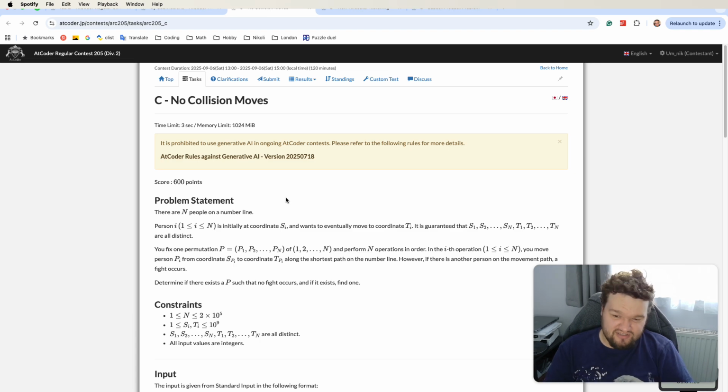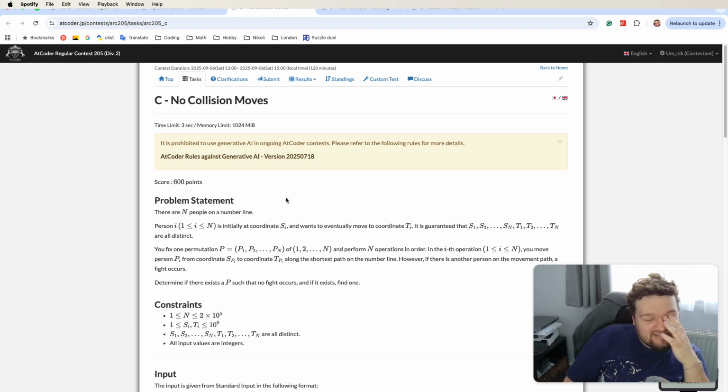So I can always do that. Okay, so if I just do it one by one, that will be n squared. But I think I don't have to do it one by one. I can just do a scan line and maintain some kind of, I don't know.